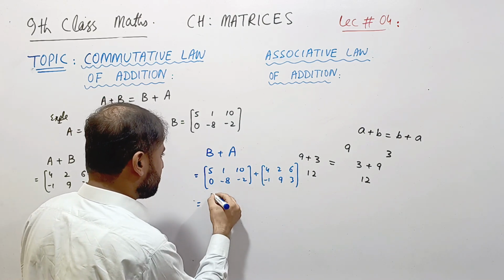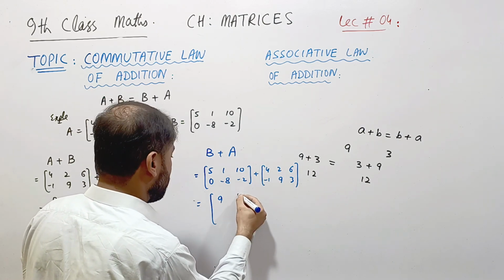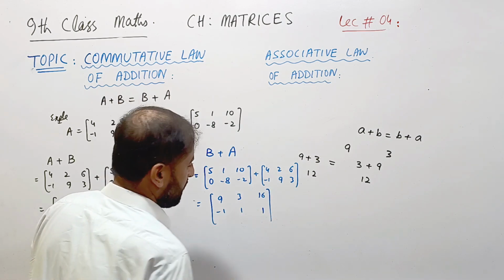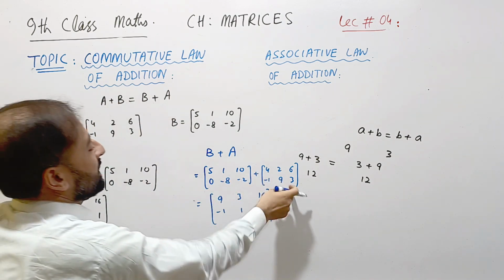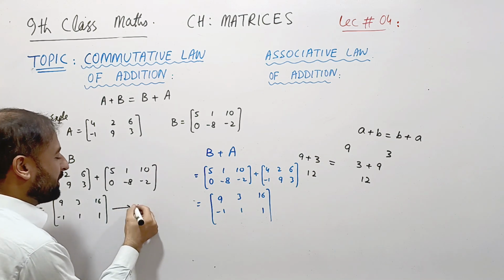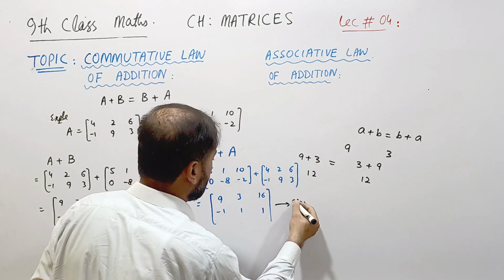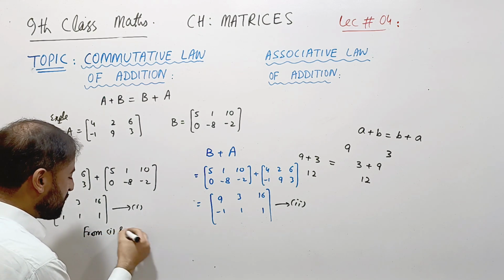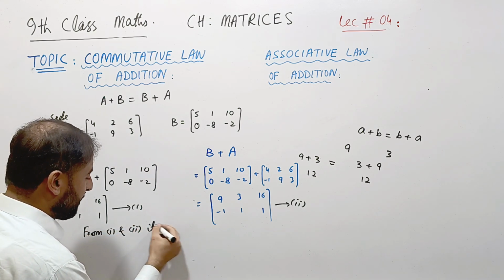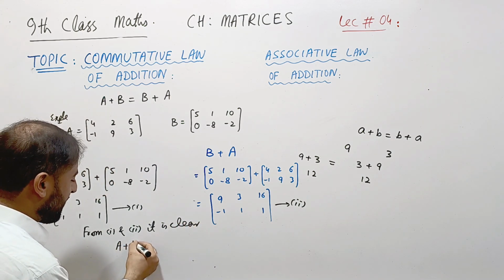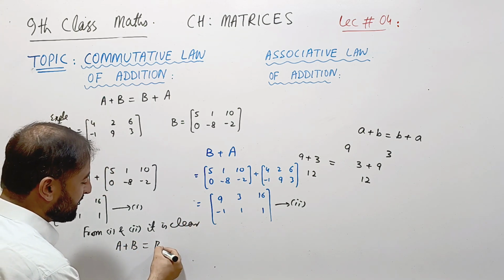You see, students, you will get 9, 3, 16. Minus 2 plus 3 is 1. In both cases, you see, you have the same results. It is clear that commutative law of addition is satisfied, or A plus B is equal to B plus A.